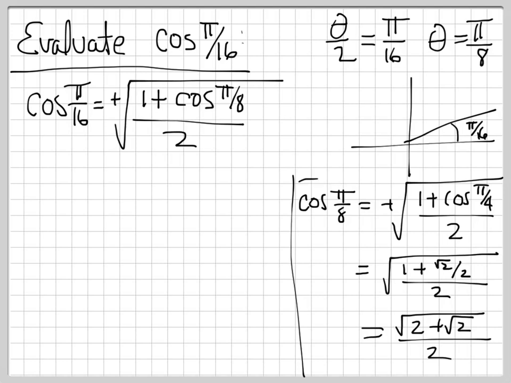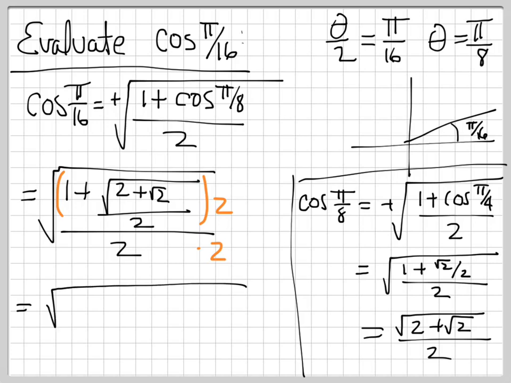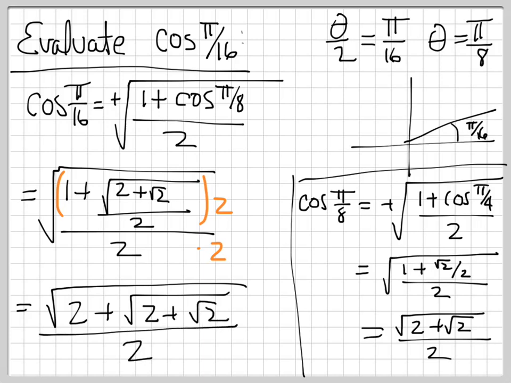So this is cosine of pi over 8, so we can now plug that into our other formula here. So we have 1 plus the square root of 2 plus radical 2 over 2 all over 2. So let's multiply top and bottom by 2. And what we get is the square root of 2 plus the square root of 2 plus the square root of 2 all over 2.